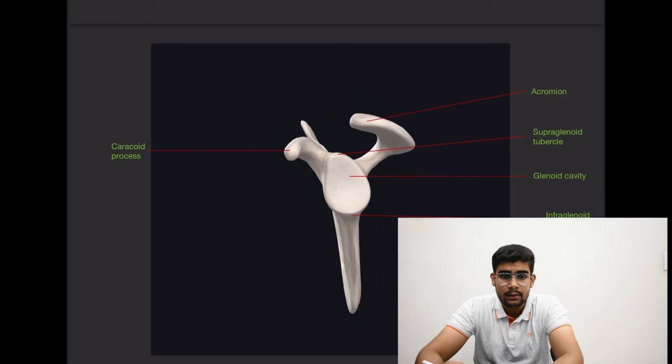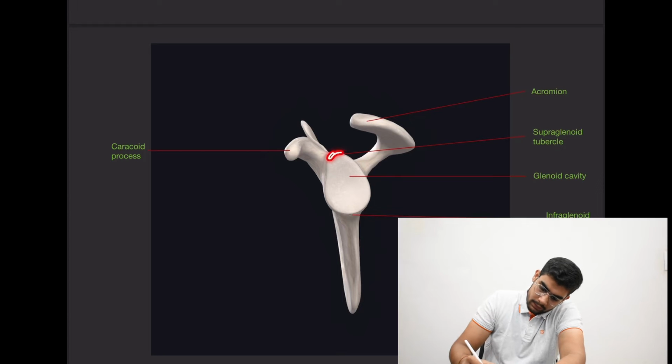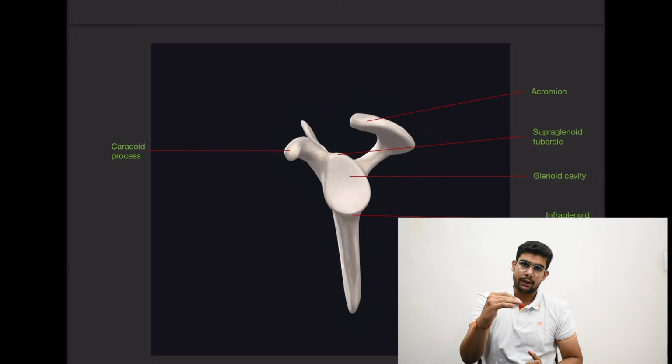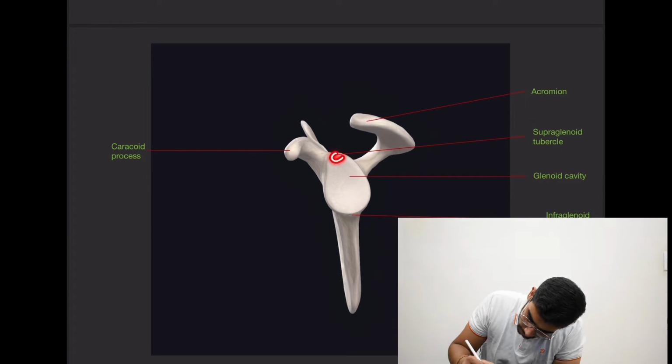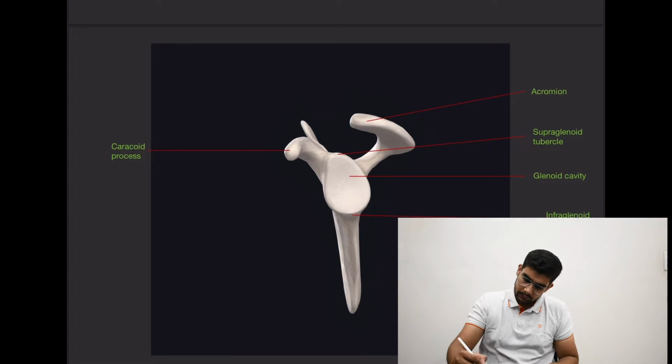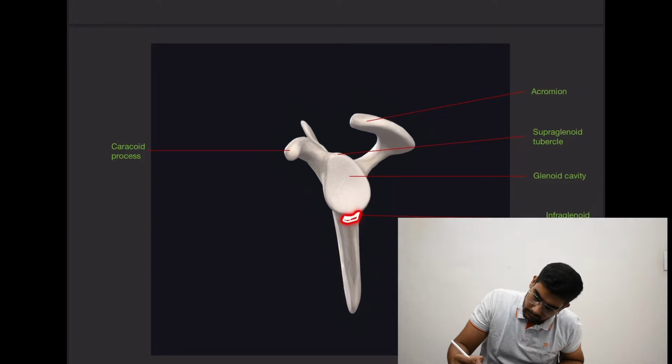It also contains supraglenoid tubercle. Tubercle is a swelling which is found on a bone. Supraglenoid means above the glenoid cavity, that is here. It also contains infraglenoid tubercle. Infraglenoid again means below the glenoid cavity, that is here, this swelling.